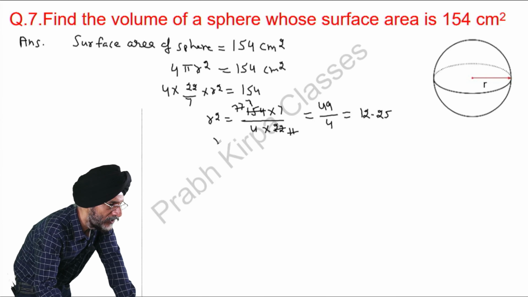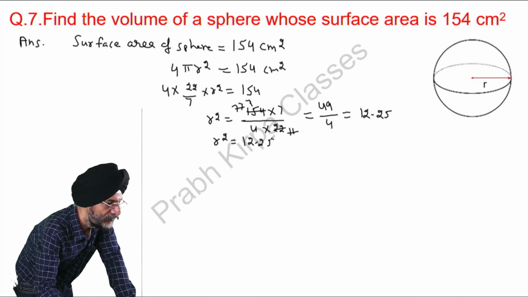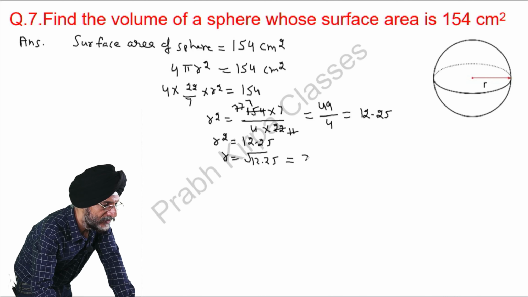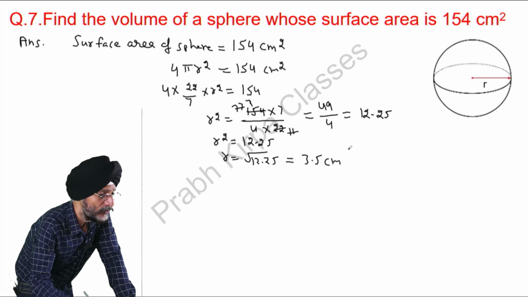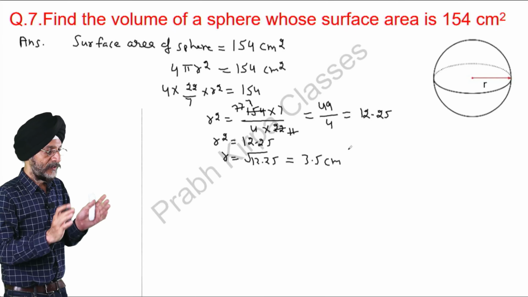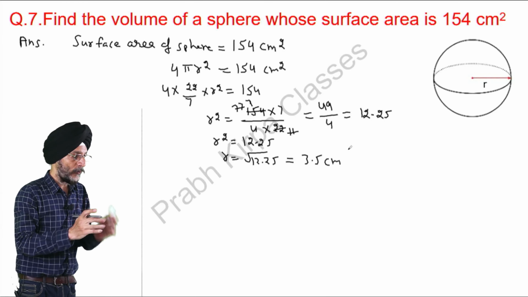Now what has come out? r square is 12.25. Now what is r? It will come as 3.5 centimeter. Now the value of radius has been calculated.